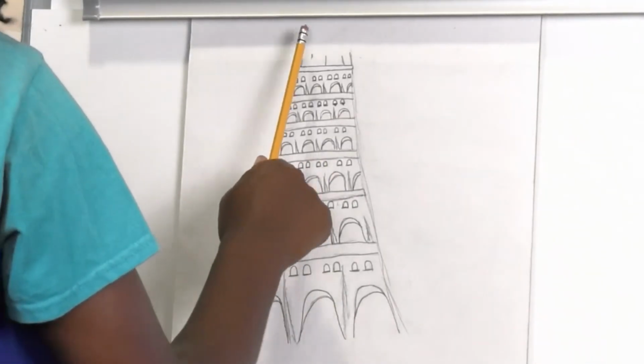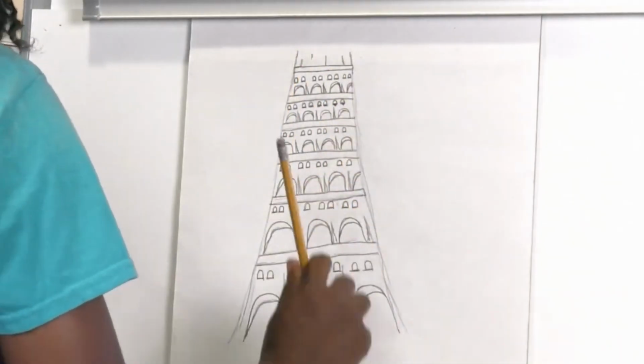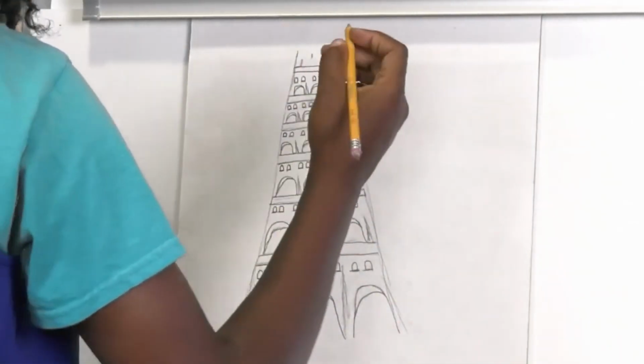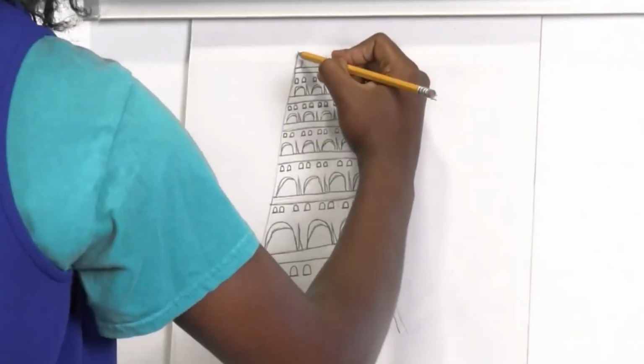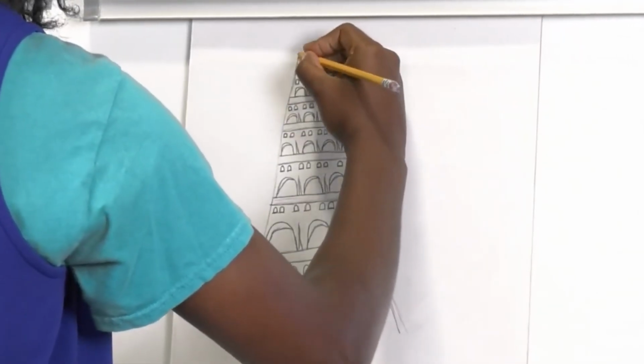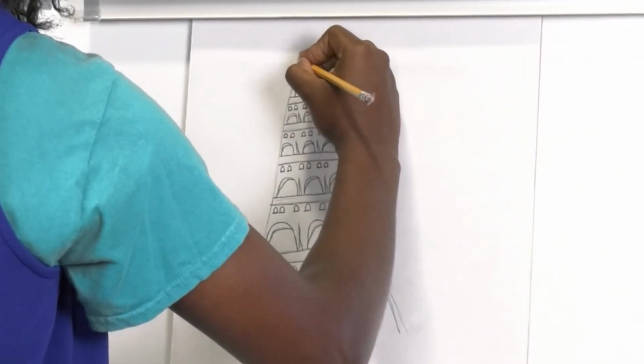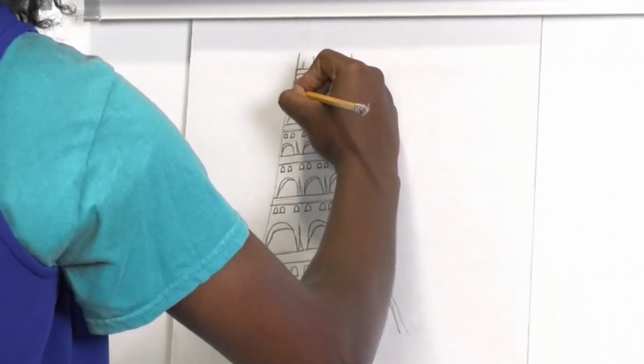Now what we're going to do is we're going to go and darken the tower and try and even up our lines a little bit more, okay? So I'm going to go from an angle and darken. I'm going to erase any lines we don't need.